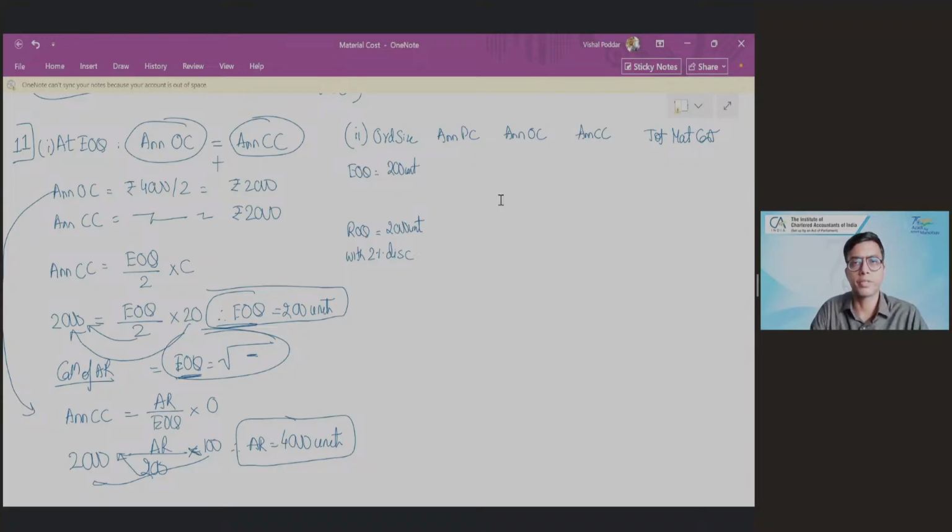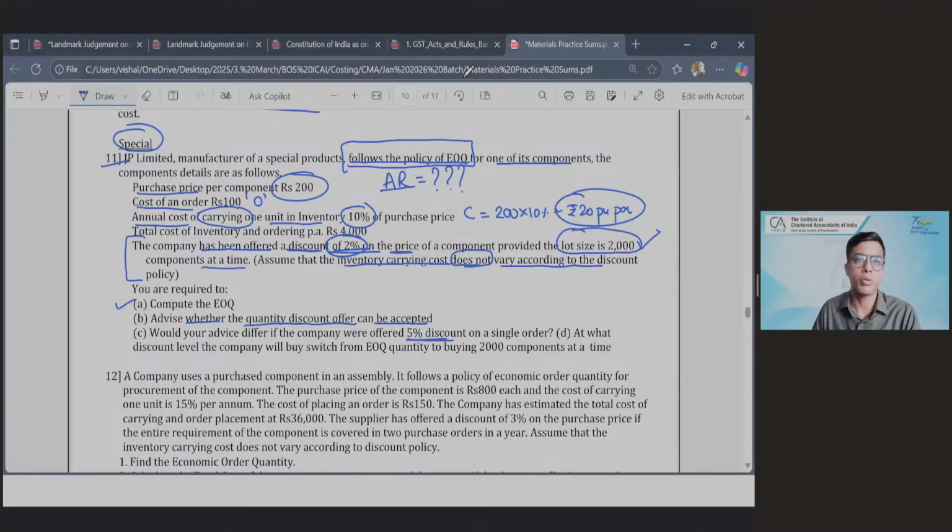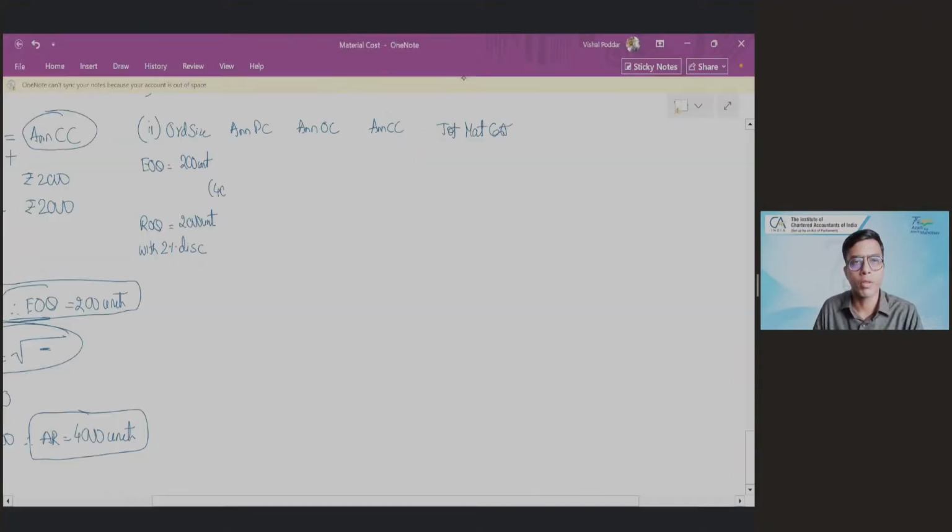Now, what is the difference, please pay attention. My annual purchase cost, which was till now the same under all options, will now be changing because of the discount. My purchase price is rupees 200 and we calculated AR as 4,000. So 4,000 units into rupees 200, correct? 80 lakh, students.